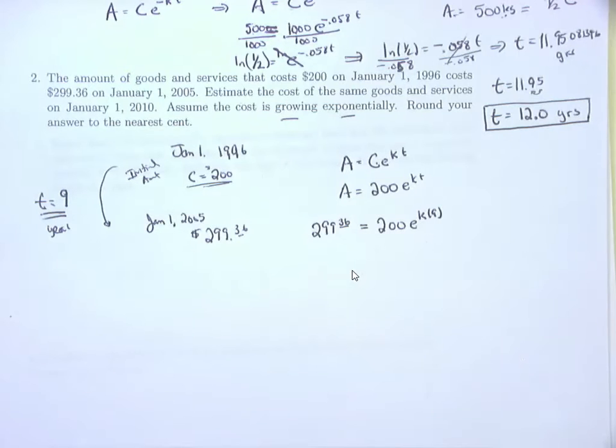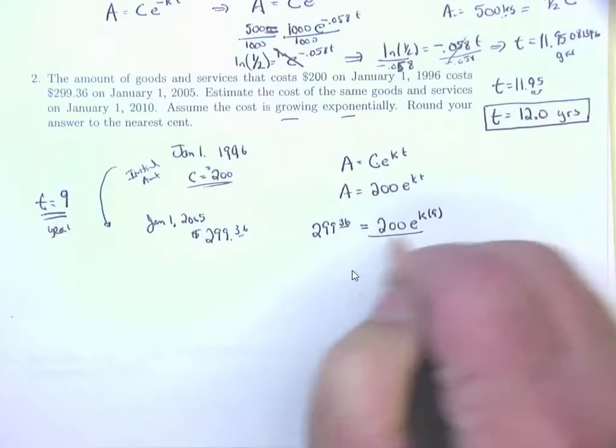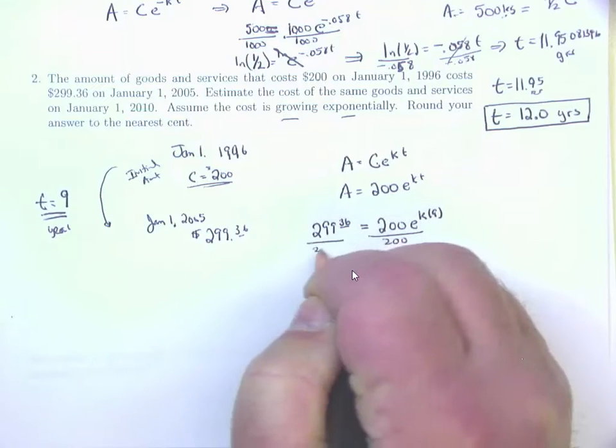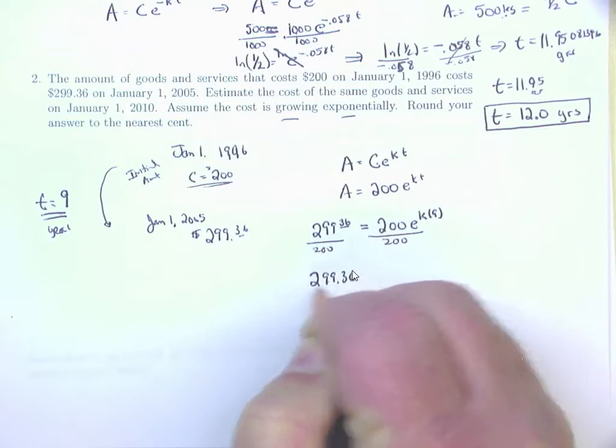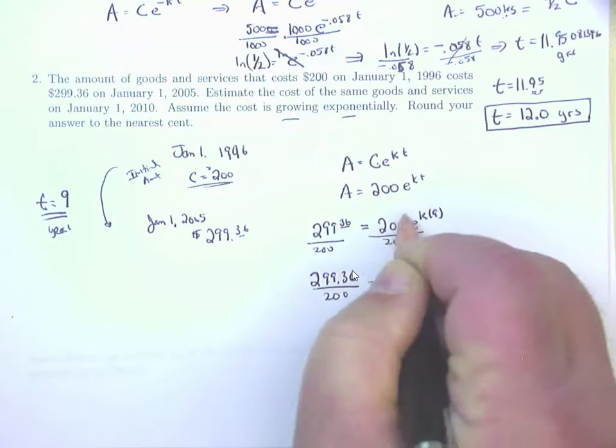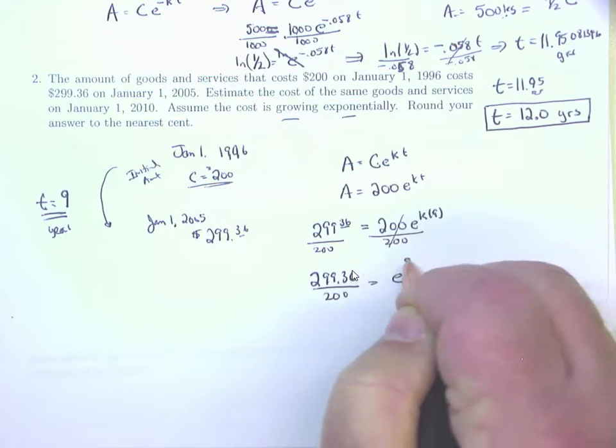What's left? There's only one thing you can solve for when you've got the initial amount and a little bit later another amount, and that is k. Only variable left. How are you going to solve for k? What's your first move? I'm going to divide by 200 to get that e by himself. So 299.36 divided by 200 is equal to, this will cancel, e to the 9k.